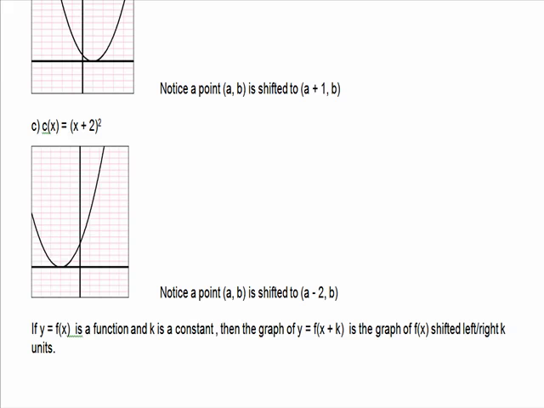Notice what it does is if it shifts to the left, we subtract from the x coordinate, but it appears almost as if it's addition inside the parentheses. Similarly, if we shift to the right, we actually end up adding to the x coordinate, but in the original equation, it looks like subtraction is going on. A little bit confusing.